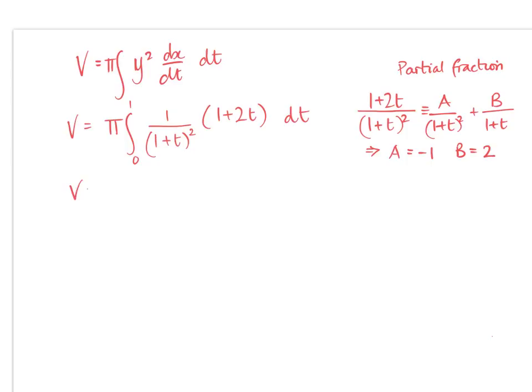So we get a volume between 0 and 1 of, I'm going to put it round in the other order, so I'm going to put 2 over (1 plus t) minus 1 over (1 plus t) all squared dt.